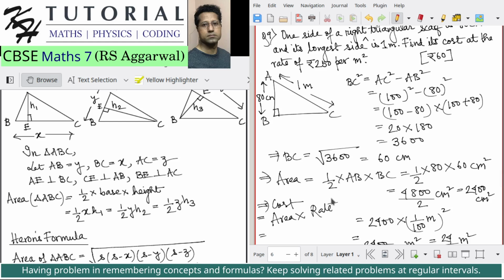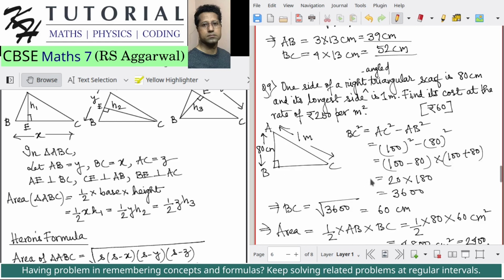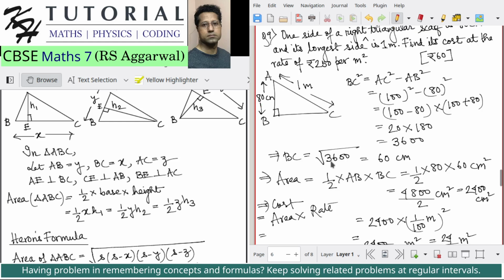If you are using the rate as rupees 250 per meter square, then obviously you have to find the area of the scarf in meter square. And if you would like to use the area of the triangular scarf as centimeter square, then you have to convert the rate per centimeter square.